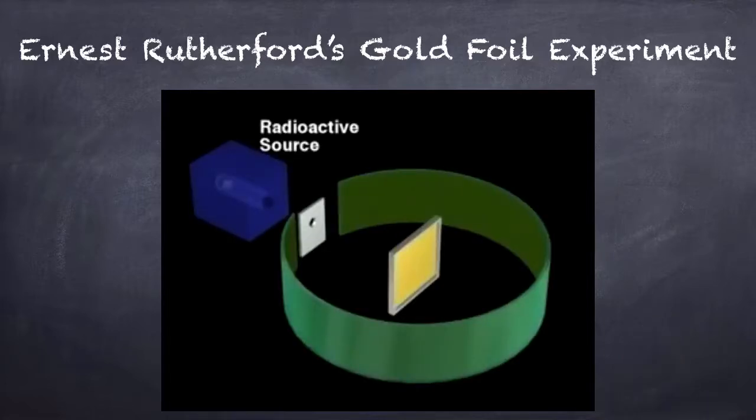In 1910, Rutherford and his co-workers were studying the angles at which alpha particles were scattered as they passed through a thin gold foil. Most of the alpha particles passed through undeflected. However, a few were found to be scattered at large angles, some even back in the direction from which they had come.